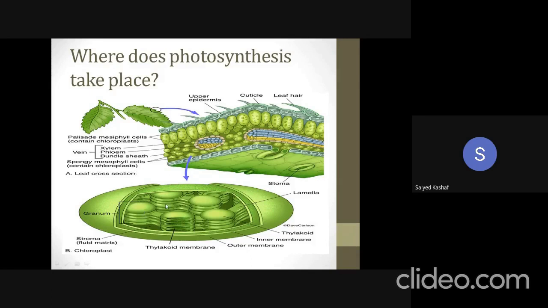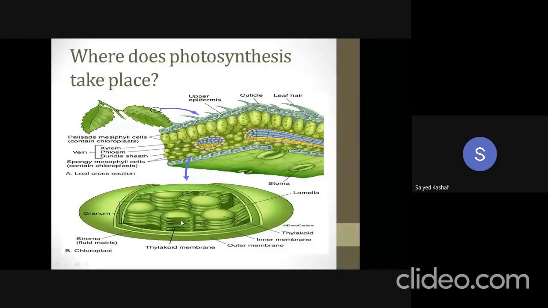So this is the well-resolved structure of the chloroplast, which is a two-membrane organelle, with the outer and the inner membrane. Here these are the grana, which are stacks that look like a stack of coins, and the single unit of grana is known as thylakoid.